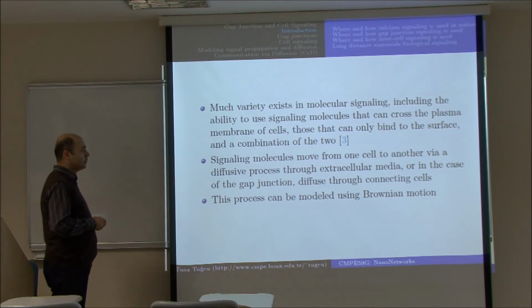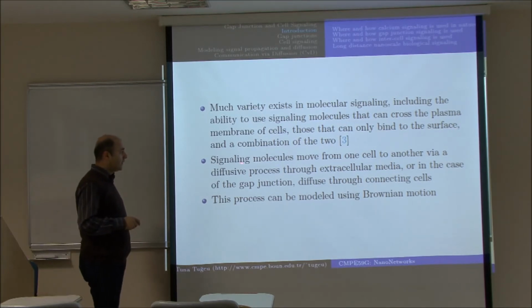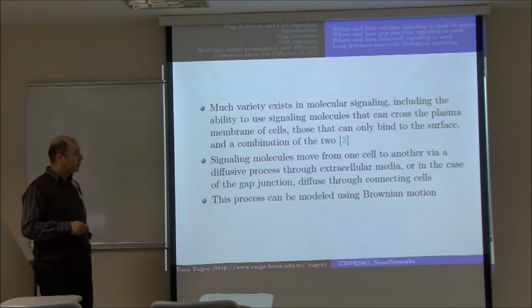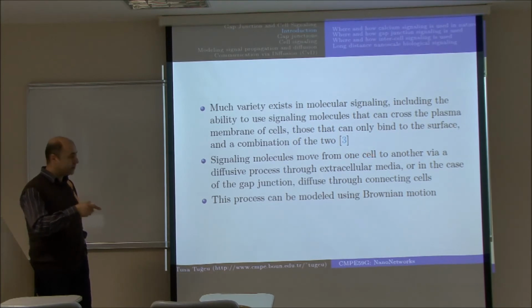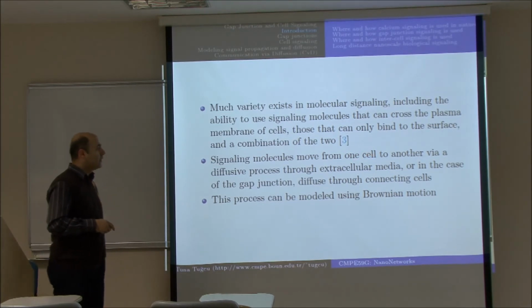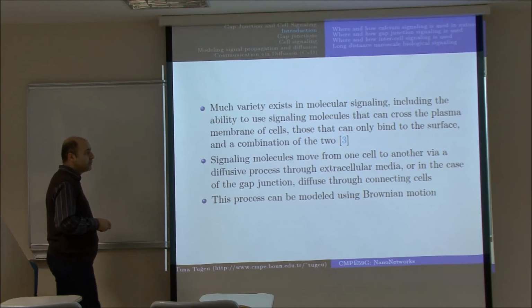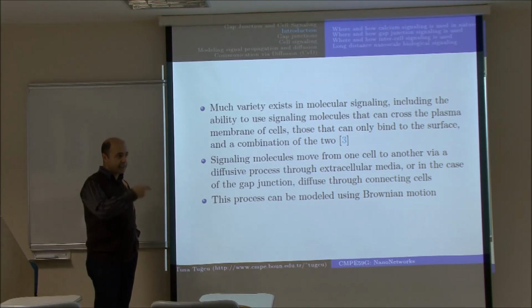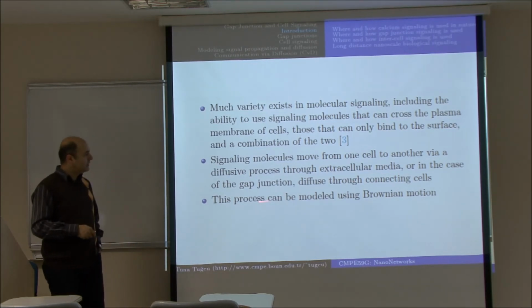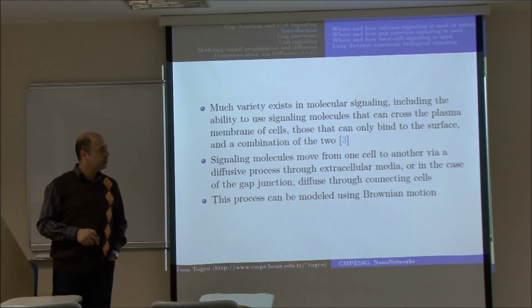The signaling molecules move from one cell to another via a diffusive process through the extracellular media, as I mentioned. It's a second method. Or in the case of the gap junctions, diffuse through the connecting cells, as the first method I just explained. And this process can be modeled using Brownian motion.